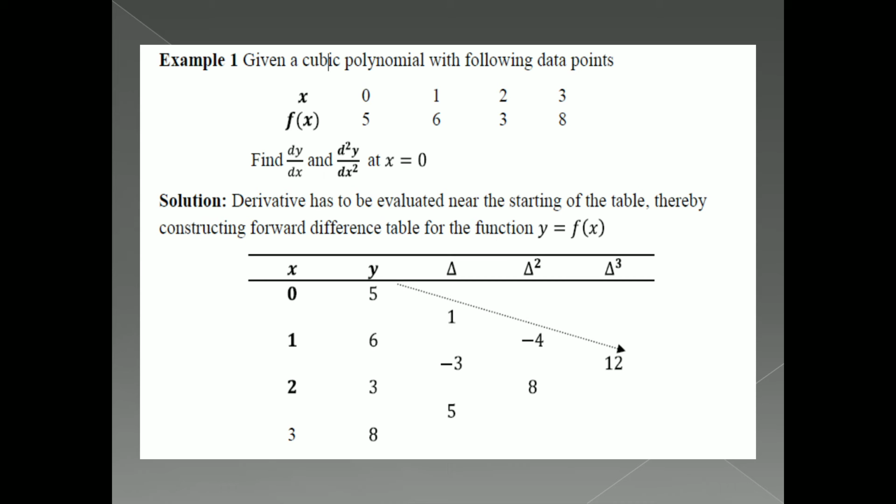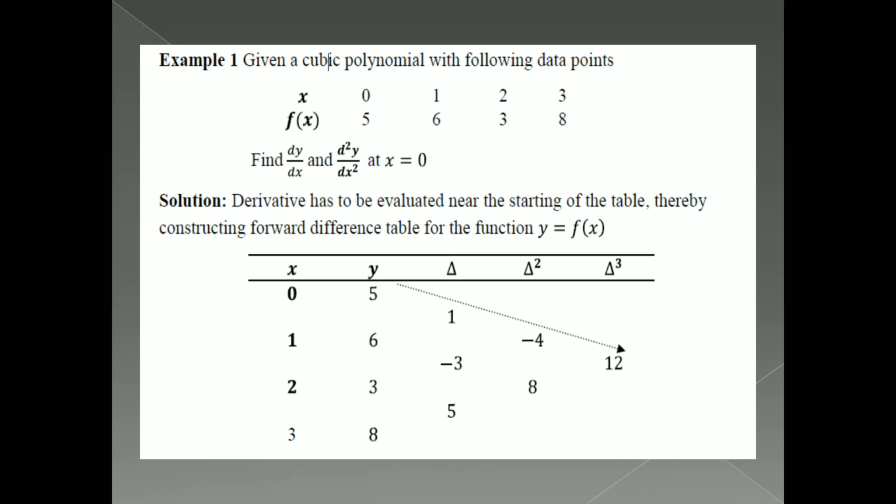Let's take one example where we have to find the first order derivative of y and second order derivative of y with respect to x at x is equal to 0. Given a cubic polynomial with the following data points.